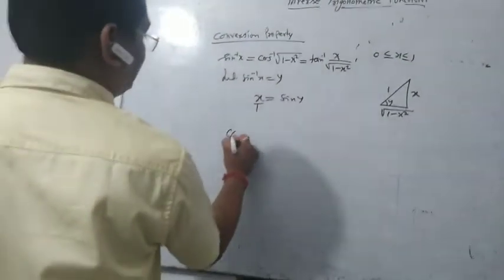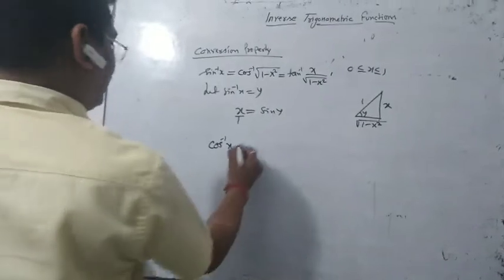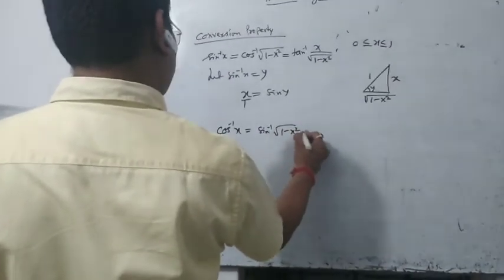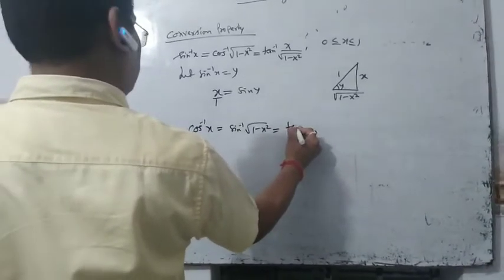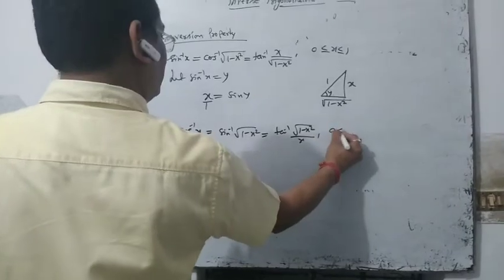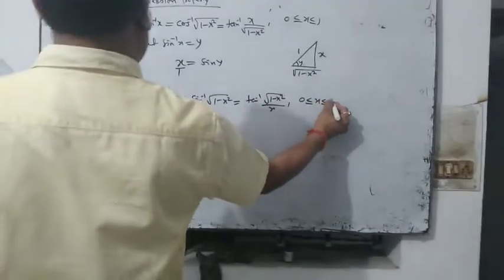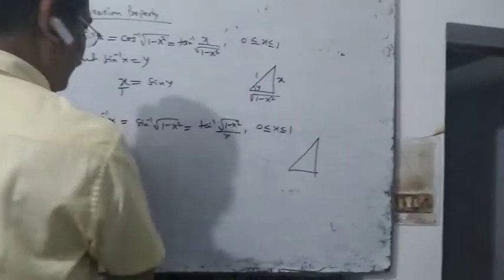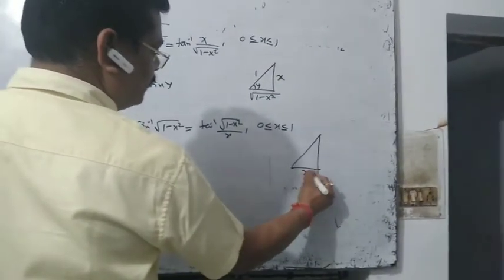Similarly, cos inverse x. Cos inverse x is equal to sin inverse of root 1 minus x square, which is equal to tan inverse of root of 1 minus x square upon x, where 0 is less than or equal to x, less than or equal to 1. Here in the triangle, cos is base upon hypotenuse.